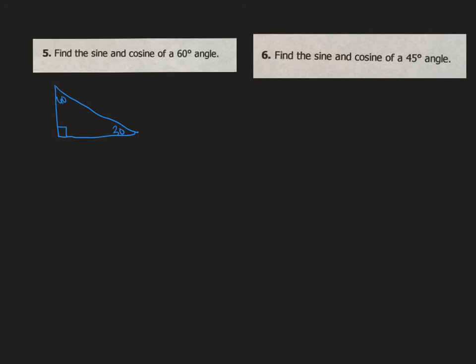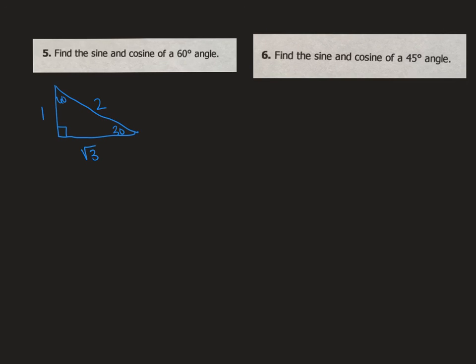So we're just going to say, all right, our short leg is going to be 1, which means our hypotenuse is always 2 times our short leg. So that hypotenuse is going to be 2. And our long leg is always our short leg times the square root of 3. So 1 times square root 3, or you can just write it as square root 3.